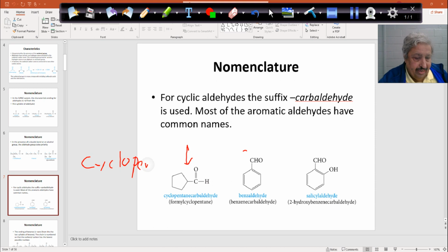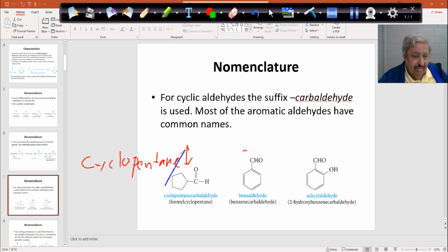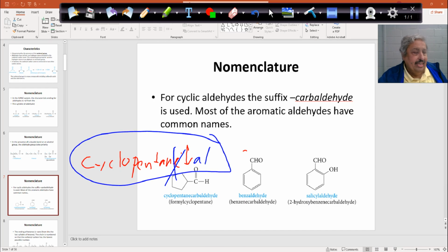That's cyclopentane. Now, according to the rule we have learned, take the E out, and then add Al. Pentanal. Cyclopentanal.